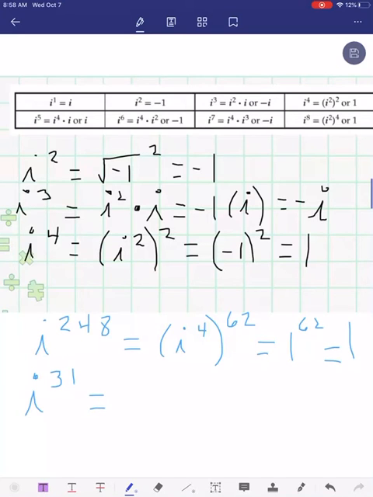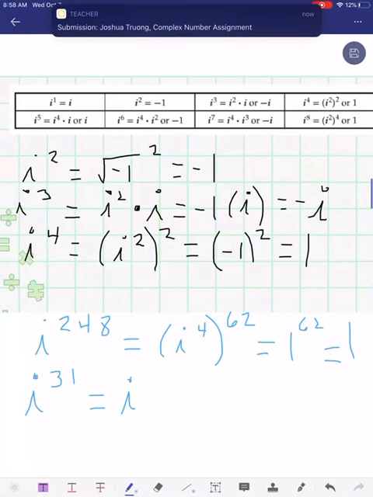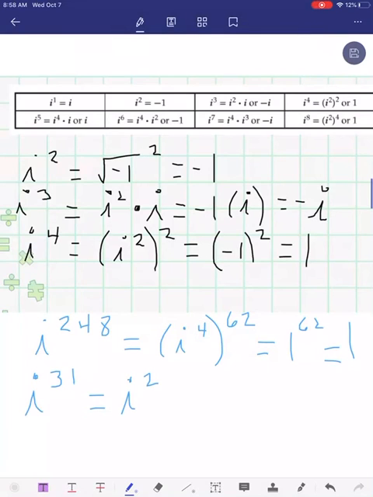So what we're going to do is rewrite this. It's going to go into 28 exactly, and then we're going to have 3 left over.